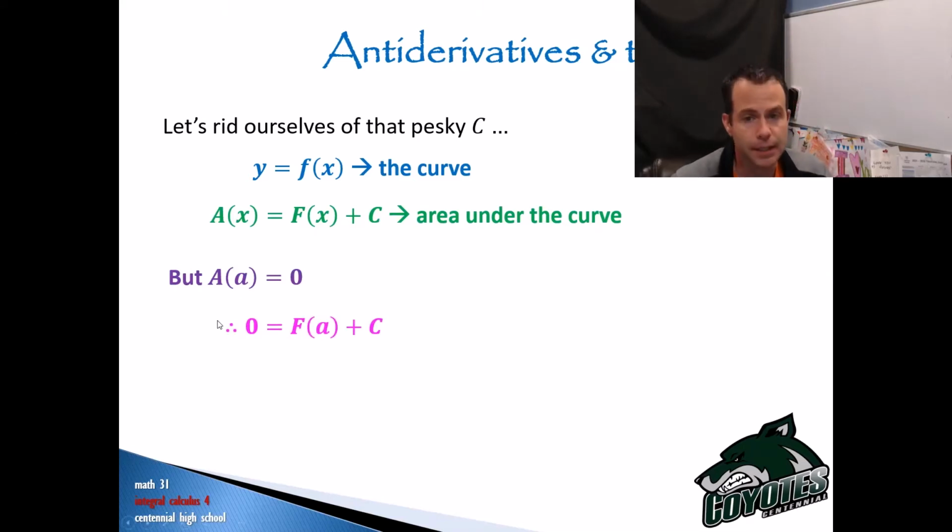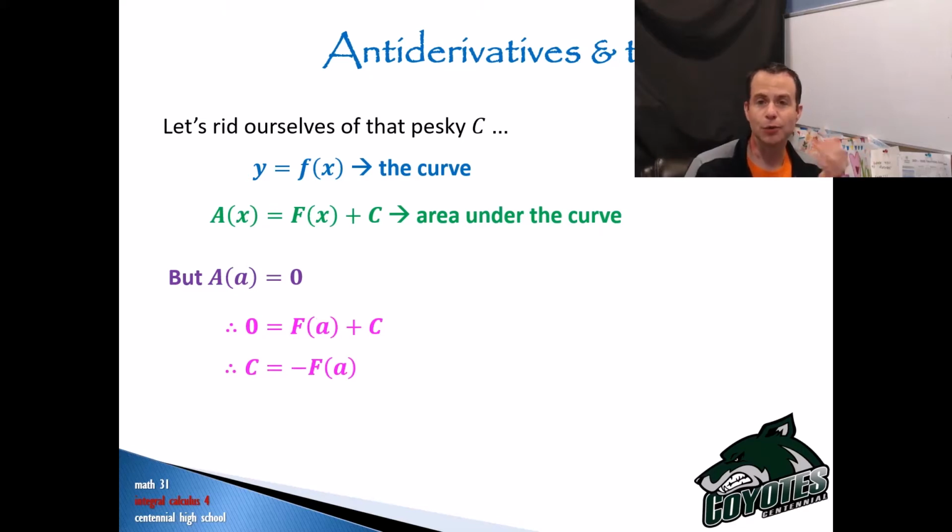So that means if I looked at f of a, I know that when I input a, I'm going to get out 0. Well, if that's the case, then I can represent c as negative f of a, right? I just bring my f of a over.